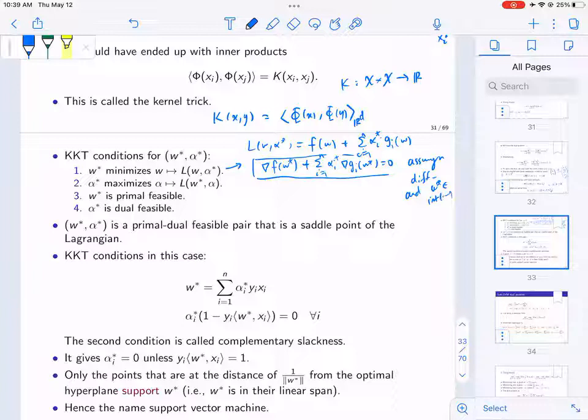Then this has to hold. This minimizes the function if and only if this holds, because we are dealing with convex functions. And this is what we did, actually. In our case, w star looks like this. That's the first of the KKT conditions.